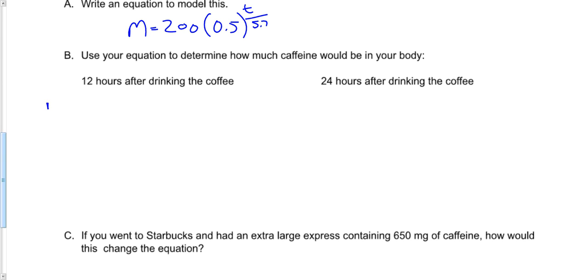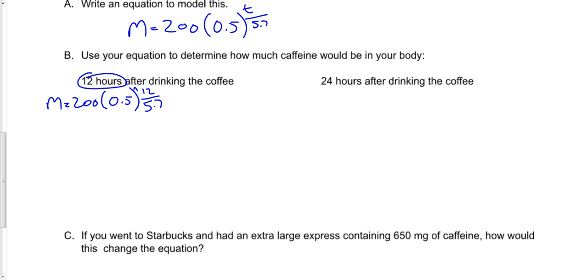So I'm going to take my equation, 200 times 0.5. It says after 12 hours. Again, 12 hours is the same time amount, so let's put 12 over 5.7. Okay, that's an exponent.